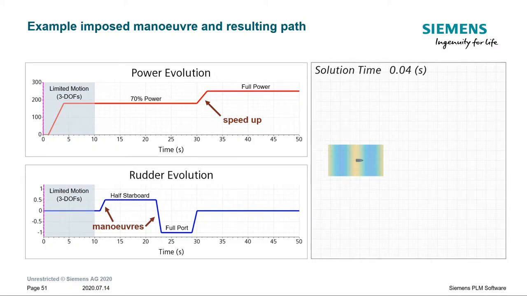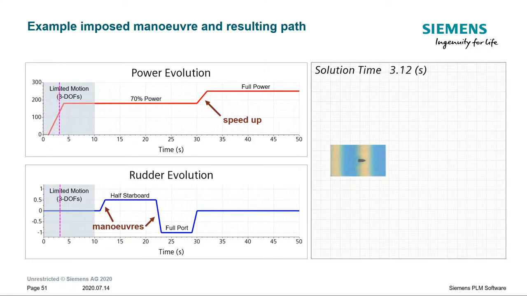In the blue curve below, we see that we start with a straight rudder, and at 11 seconds we turn half starboard for about 10 seconds, and then later on at 20 and 23 seconds we compensate the turn with a full port maneuver for 6 seconds, and then we leave the rudder straight again. So I now play this, and let's see what happens.